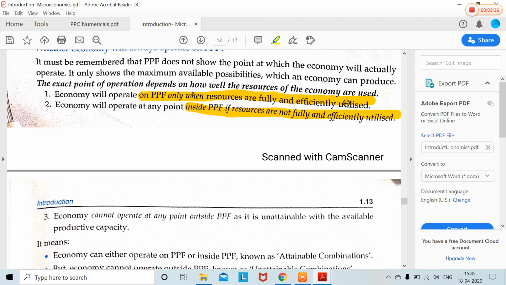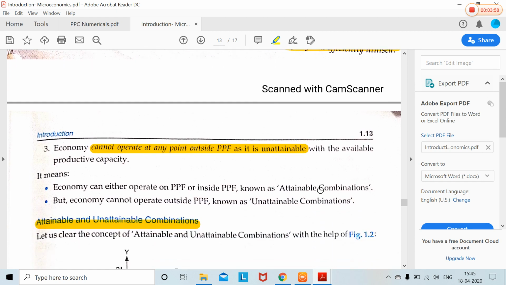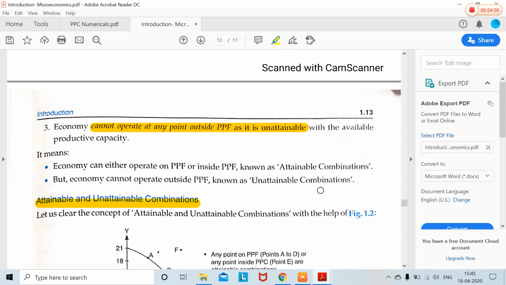Some people are always left unemployed, some land is always put to waste, some resources are always lying idle. That is why economies usually operate inside PPC when resources are not fully and efficiently utilized. Outside PPC, we cannot operate because that's an unattainable combination with the given productive capacity that we have.